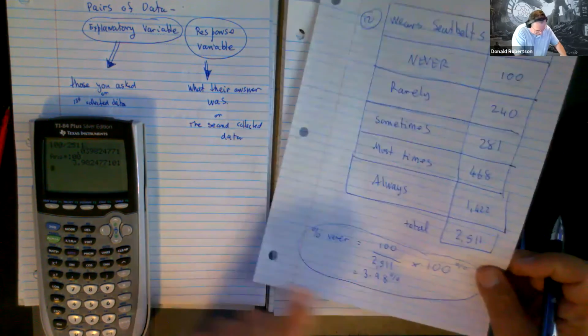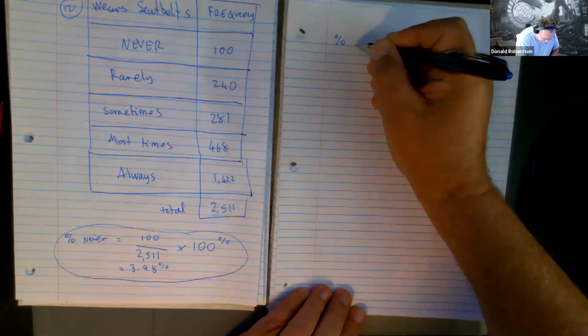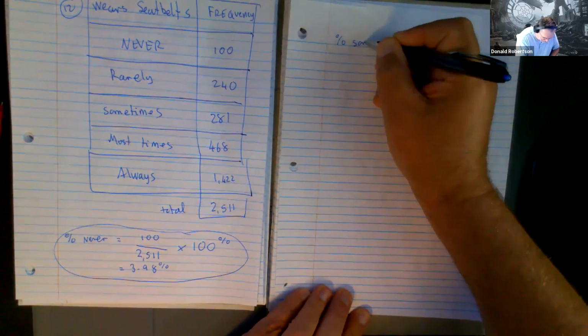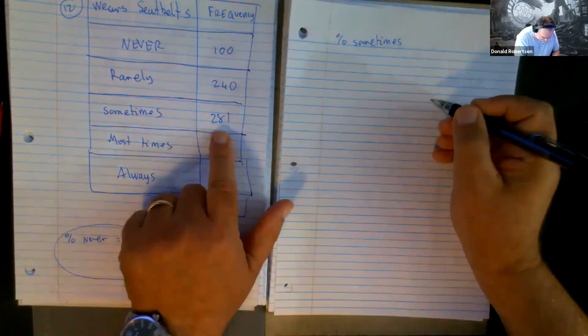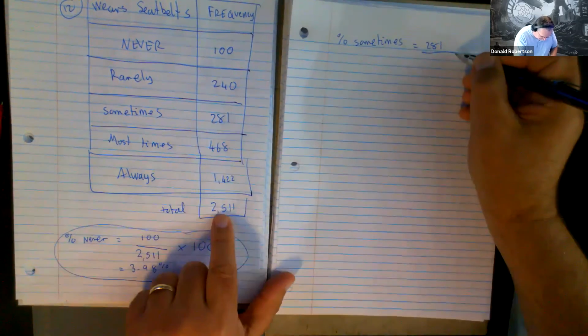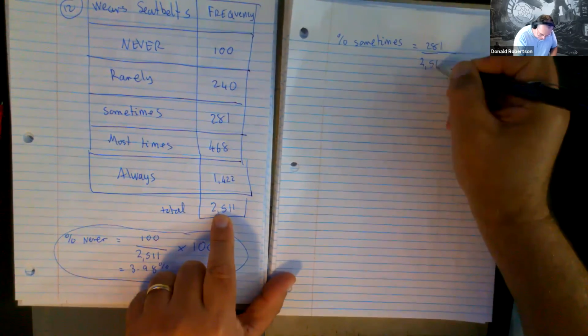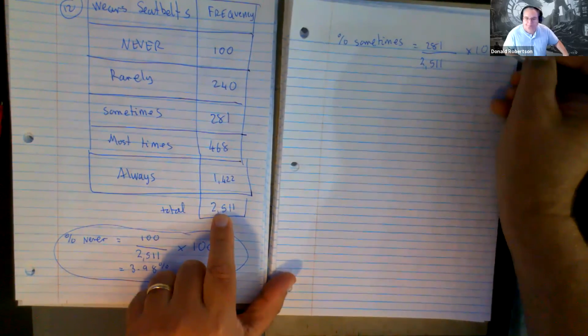Let's suppose they asked, what percentage of students sometimes wear seatbelts? Well, that is 281 students out of a grand total of 2,511, and then multiply it by 100. That's how it becomes a percent.